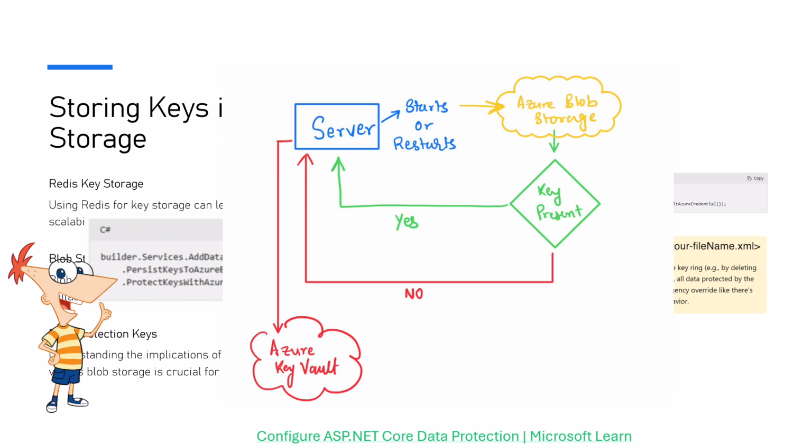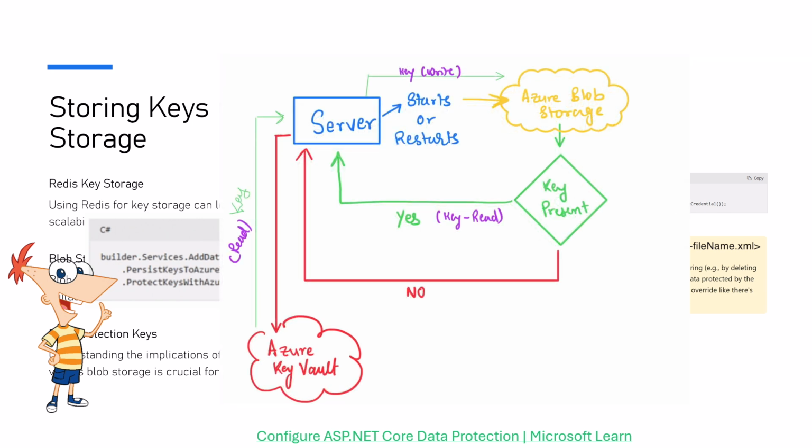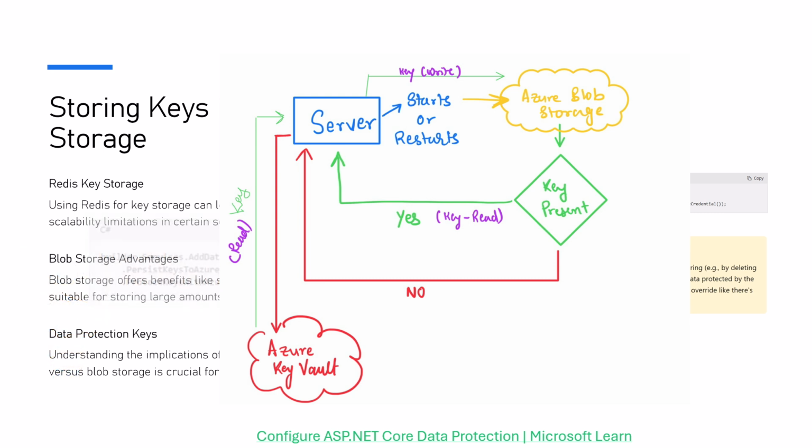But if it's not there, it will fetch the secret key from Azure Key Vault, add it to the storage account, the blob container, in the file, and then simply use it. All the other servers now don't need to talk to Azure Key Vault. They will continue fetching the new keys that are now added.